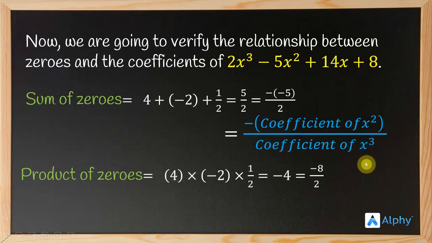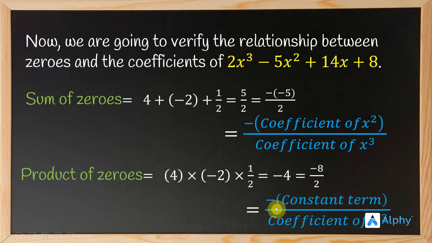So the relation is going to be minus of the constant term divided by the coefficient of x cubed. If you remember, for quadratic polynomials we had coefficient of x divided by coefficient of x squared. Here we have coefficient of x squared divided by coefficient of x cubed.